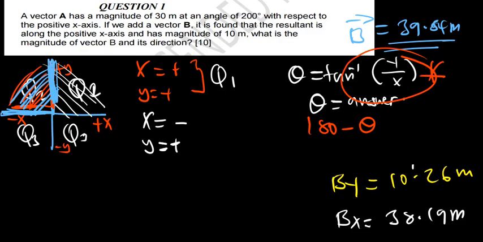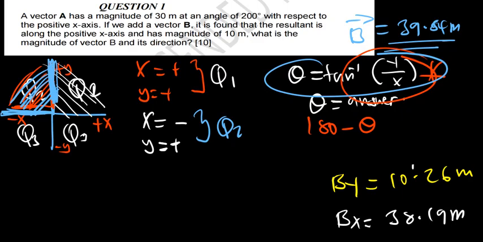So when you find that the angle is in the second quadrant, using this formula, when you plug in the values, remember that x is going to be negative, but just ignore the negative, plug in positive values only. When you find the theta, you are supposed to say 180 minus theta, meaning that is the direction you are looking for. If I made myself clear? Yes, thank you. I've understood.